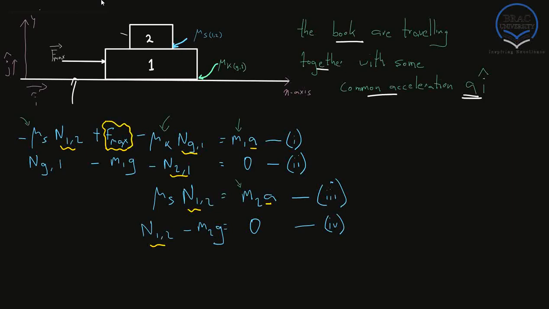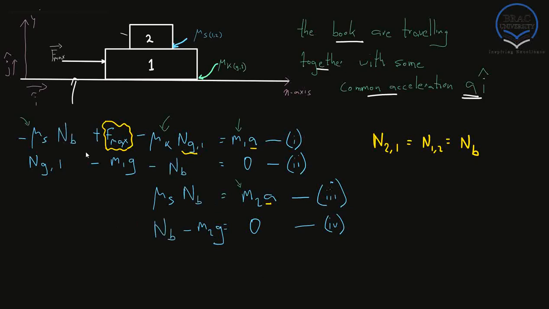Okay, so how do we do that? First of all, we know that n21 and n12 are third law pairs. We can say that n21 equal to n12 equal to, let's say, nb, right? Because they're third law pairs, their magnitudes are the same. So let's replace n21 and n12 everywhere in these 4 equations.